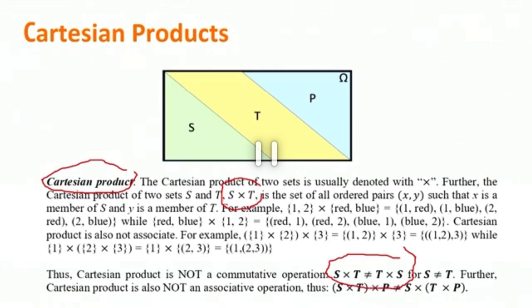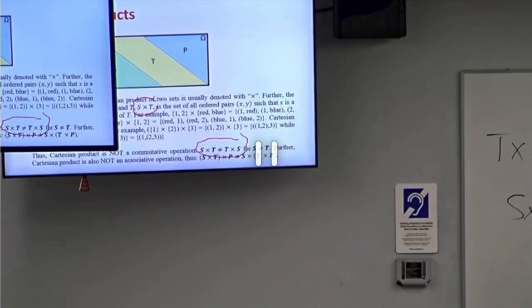Now, that was why I said, look at the condition. This is not equal to this if they are not equal. But if they are equal, for instance, I have the same elements, if this is A and B, and this is also A and B, of course, that multiplied by that will be that multiplied by that. But the moment they have different elements, the commutativity doesn't work.